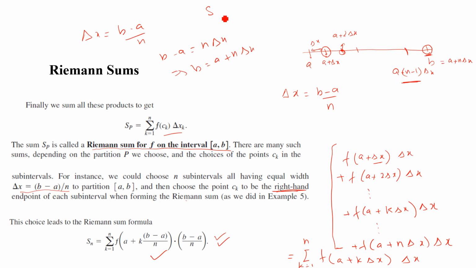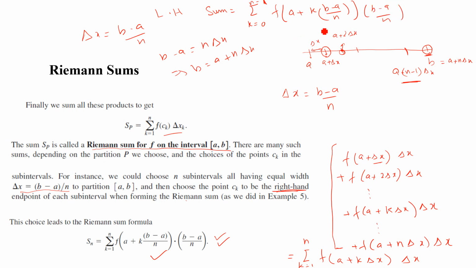So if we have to write the left hand sum, then this formula will become, let me write it here, the left hand sum will become the sum with k varying from 0 to n minus 1, I'm sorry, 0 to n minus 1, of f of a plus k (b minus a) over n, into (b minus a) over n.